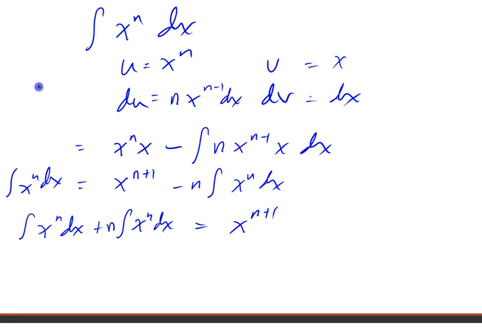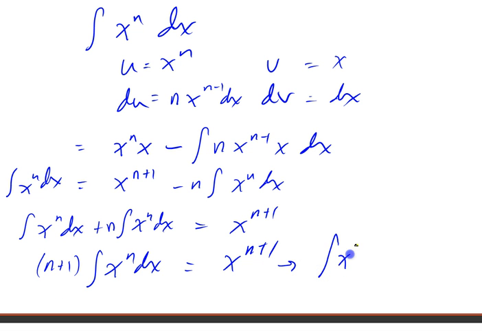And then those get together to be n plus 1 times this integral equals x to the n plus 1. And then I'm going to divide. So the integral of x to the n dx is x to the n plus 1 divided by n plus 1. And there's probably a plus a constant that got lost somewhere. And sure enough, this is exactly what we expected, but it's nice to see that you can do it other ways.